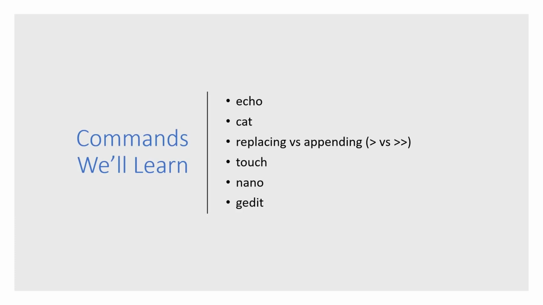We're going to talk about the touch command, which can be used to create a file on the fly. We'll talk about nano, which is a text editor that's built into the terminal. And then we're going to talk about gedit, which is also a text editor, but it is a GUI text editor. So we do get a little bit of GUI in this lesson. So let's go ahead and dive right in.